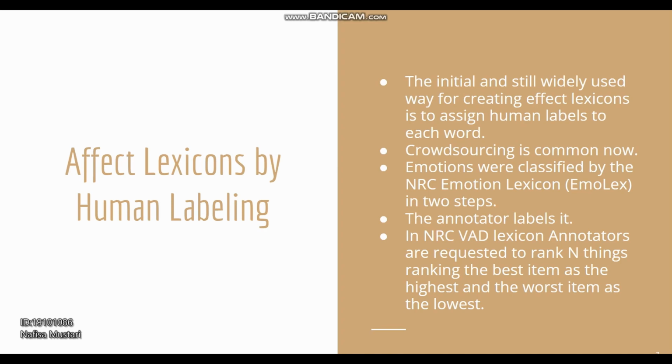Then the annotator labels it. The NRC VAD lexicon was created by choosing words and emoticons from previous dictionaries and crowdsourcing annotation using best-worst scaling. Annotators are requested to rank n things according to a property, ranking the best item as the highest and the worst item as the lowest.